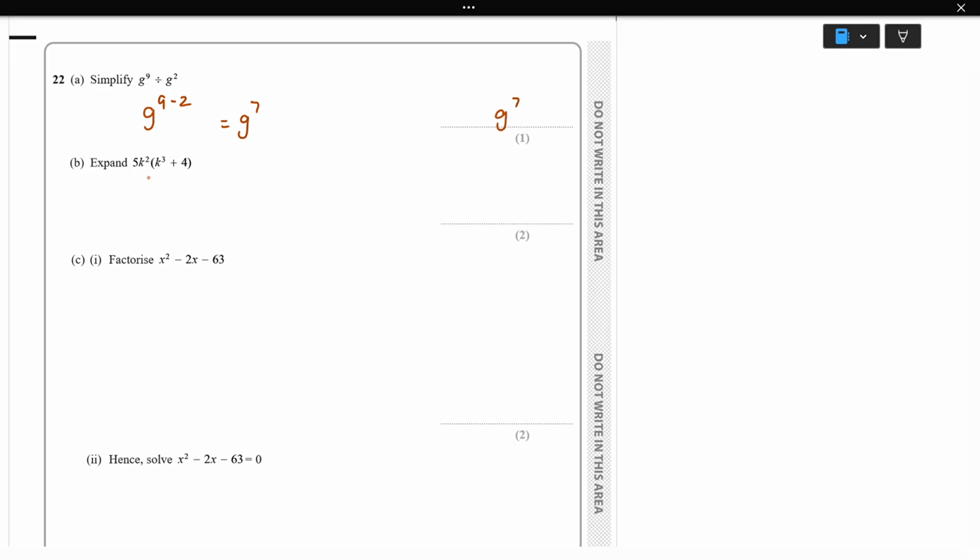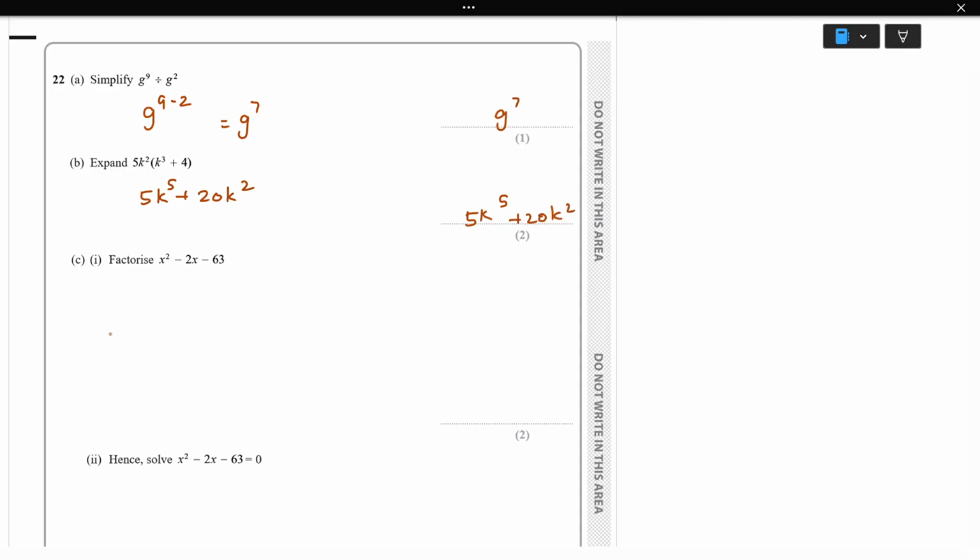So k squared and k cubed become k to the power 5. When we multiply, we add the exponents. So 5k to the power 5, plus 5k squared times 4, which is 5 times 4 is 20, 20k squared. That's the answer. 5k to the power 5 plus 20k squared.